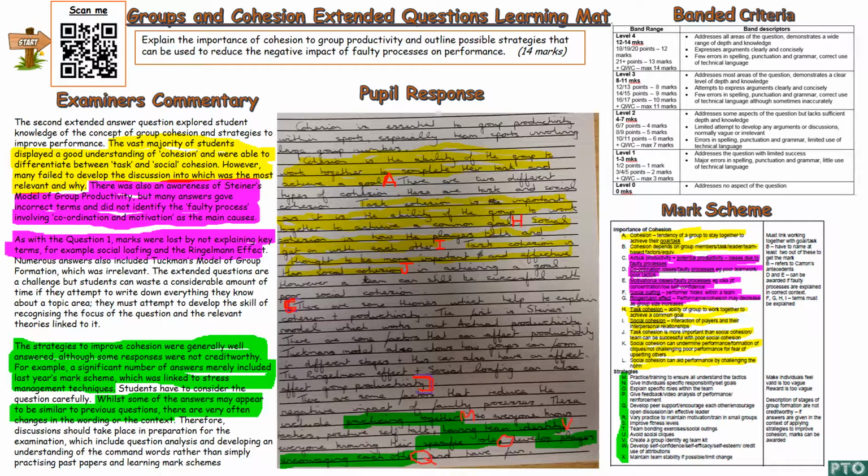So one point going back to that explaining: quite often it's a good idea, when you're explaining something, to think that if you have a theory, you've got to name that theory. You've then got to explain it or define the theory, give a definition so that the person marking the paper knows what you're talking about. Then you've got to relate it to that qualifying word. So once you've defined, for example, Steiner's model, you've got to relate that to the importance of cohesion to group productivity in this particular question.